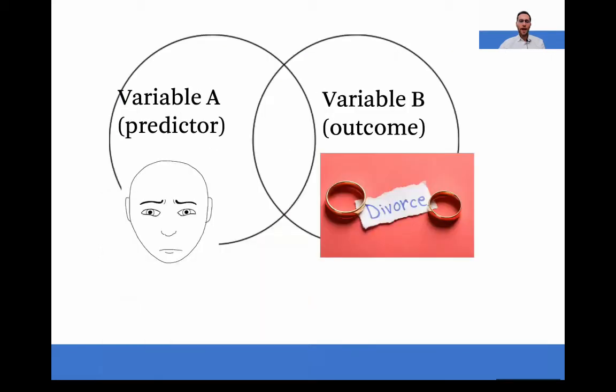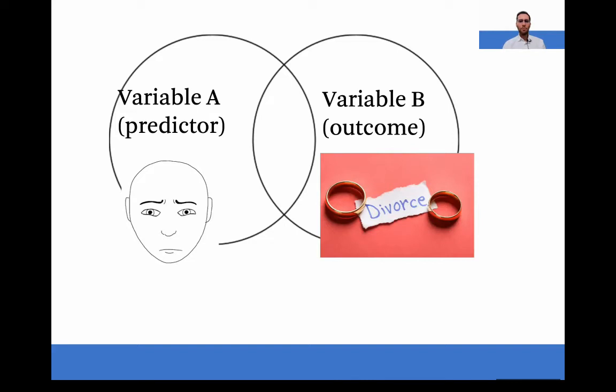I like to think about analytical research using a Venn diagram metaphor that one of my mentors taught me. Let's say we want to explain a possible association or link between two variables. This means we're investigating whether these two variables overlap, and if so, how much they overlap.